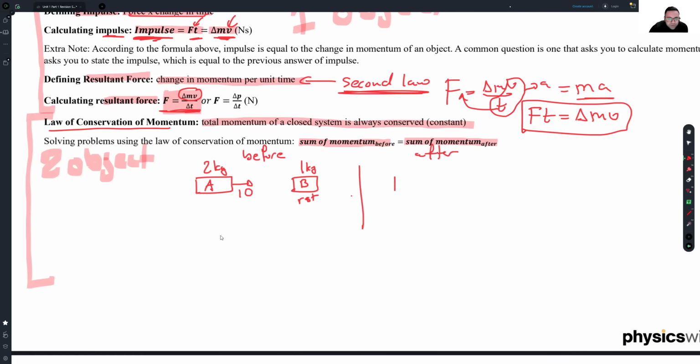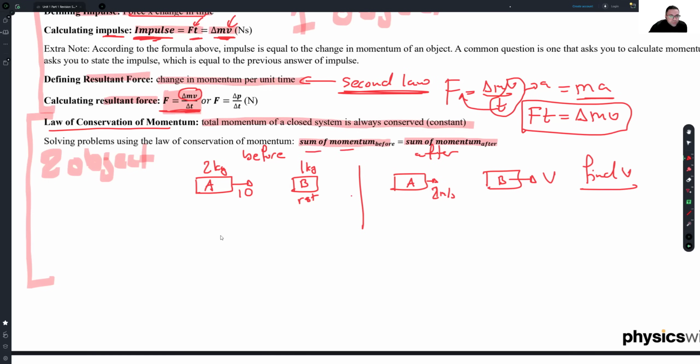Let's say, for example, A moves a little bit slower at 2 meters per second. And B moves to the right with the speed of V. These questions will always ask you to find V, the velocity of that object after the collision. Solving it is simple.